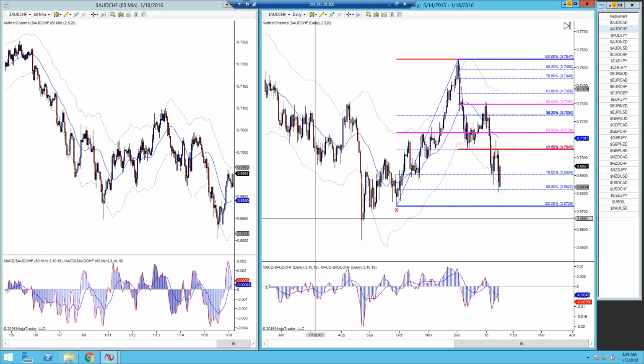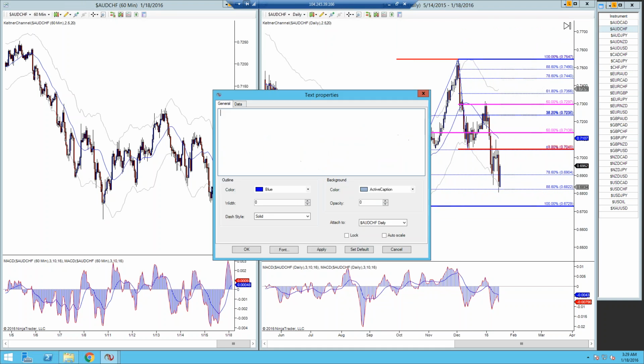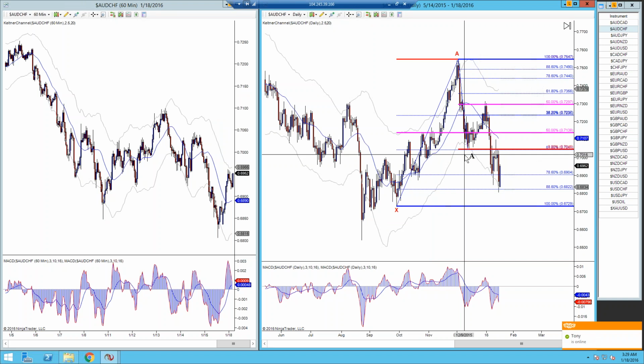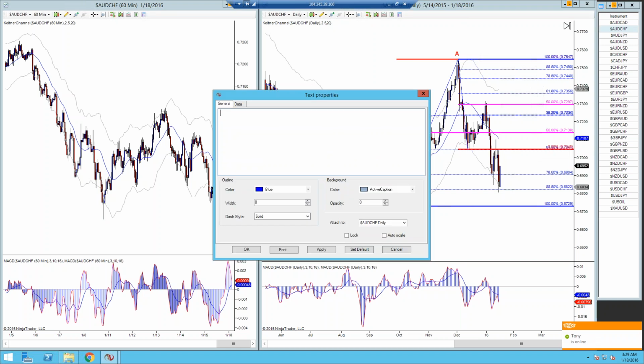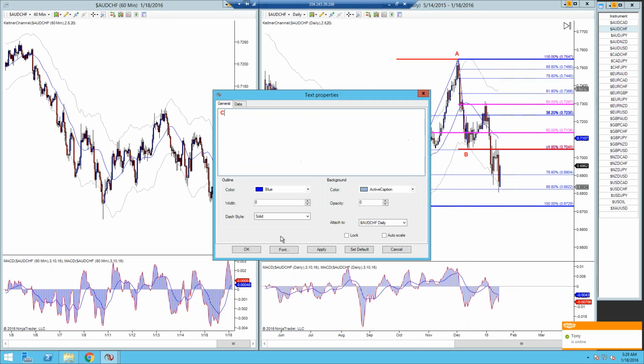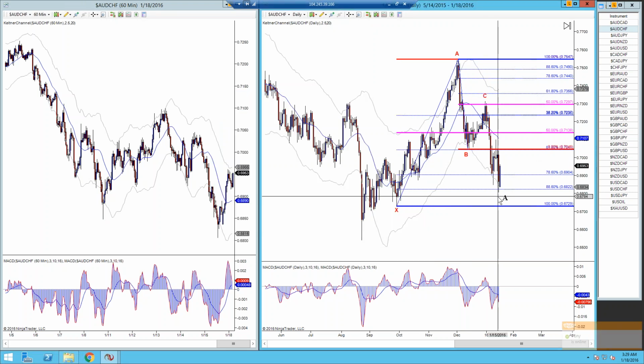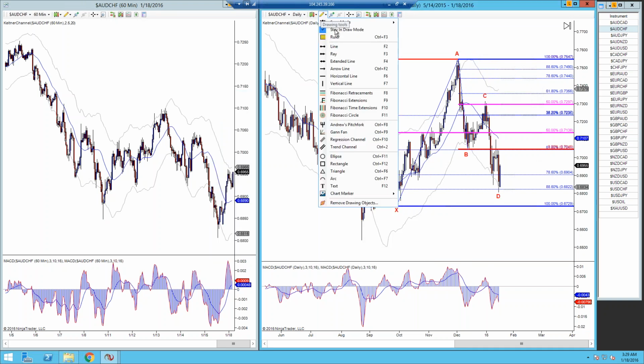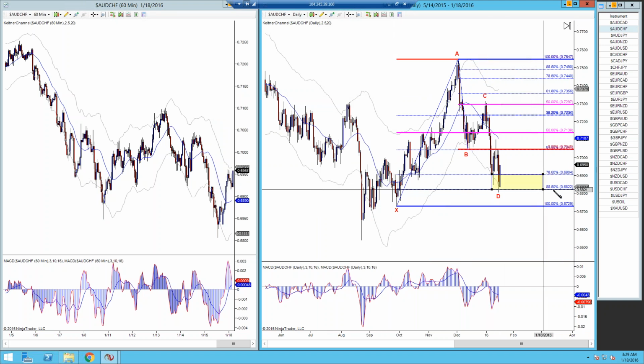X, A, B, C, D. So as we typically like to see that 786, 886 retracement, the market went from low to high, and that first retracement was a 618.